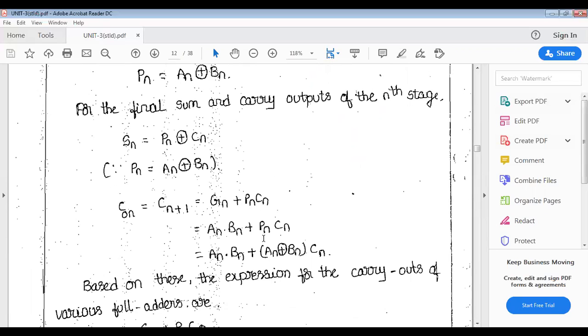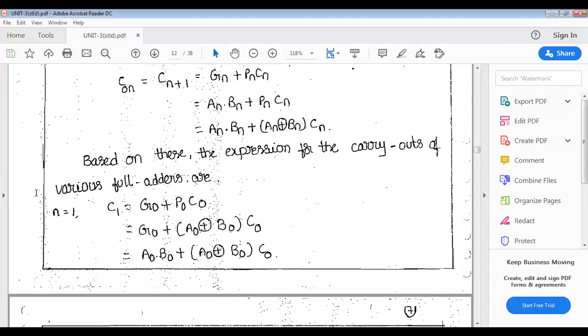Pn is nothing but An exclusive OR of Bn. And what is a Gn? Gn is An into Bn. So finally the Cn plus 1 is equal to An Bn plus An exclusive OR of Bn into Cn. That is a Cn plus 1.